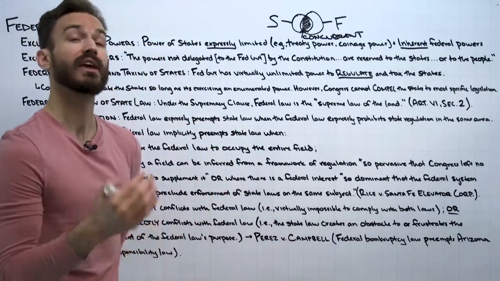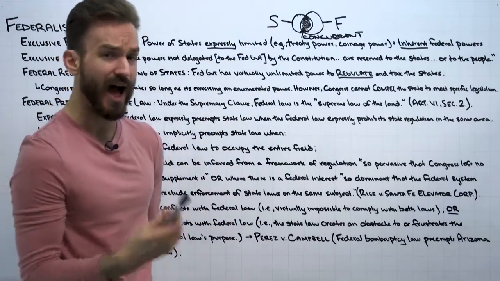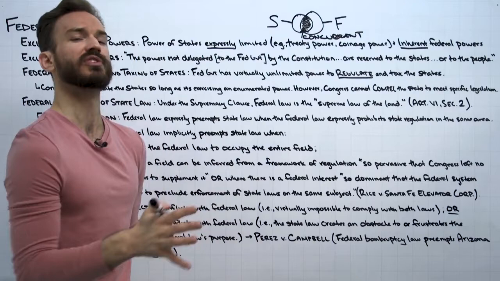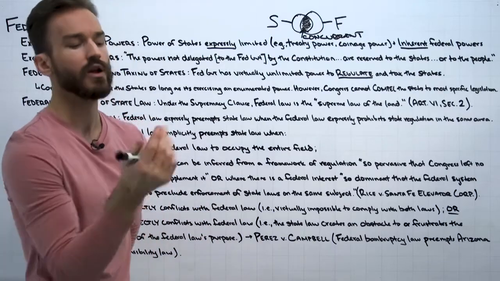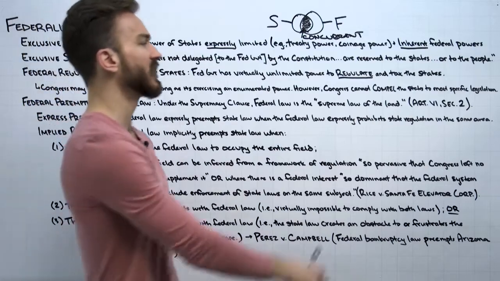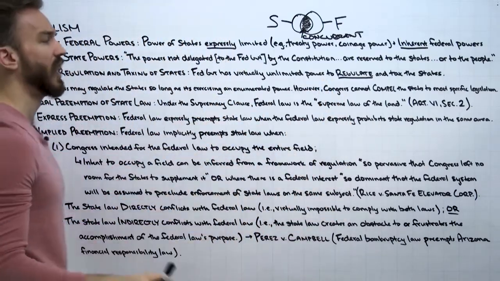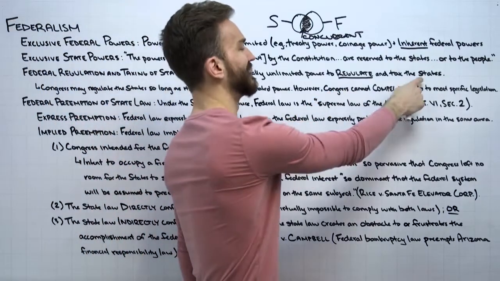How do they get the states to do this? Well, they encourage them by conditioning state highway funding, 5% of their federal funding, on maintaining a legal drinking age of 21. And remember, we said that was constitutional, that federal government has virtually unlimited power to regulate and tax the states.